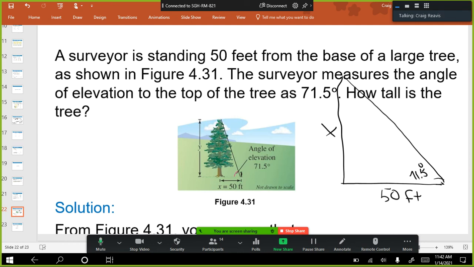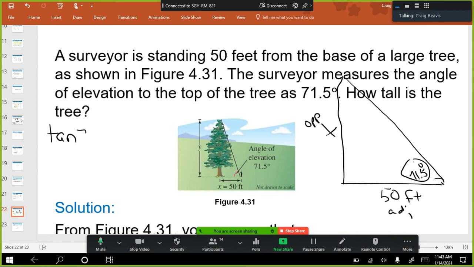So now this is back to our general SOHCAHTOA stuff. We are given the adjacent side and we are looking for the opposite side, and we're given the angle. What's the trig function that compares opposite and adjacent? That's tangent.